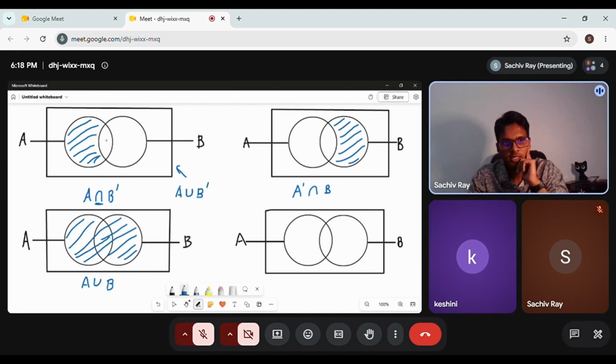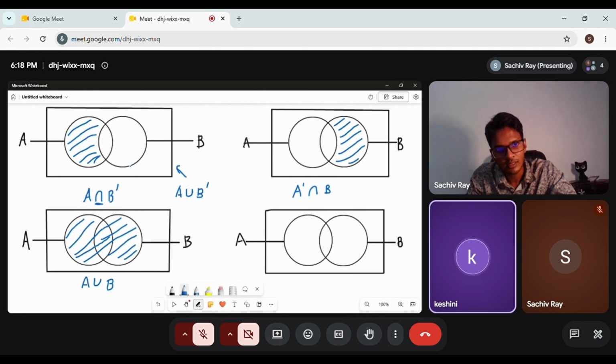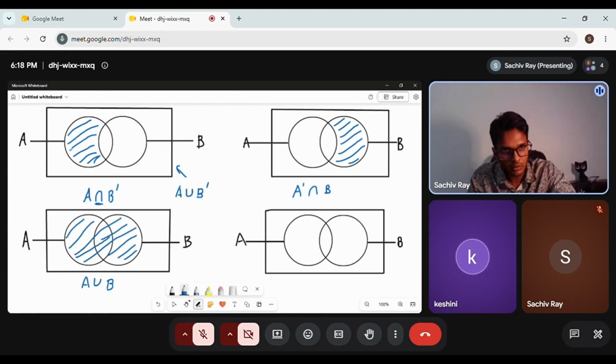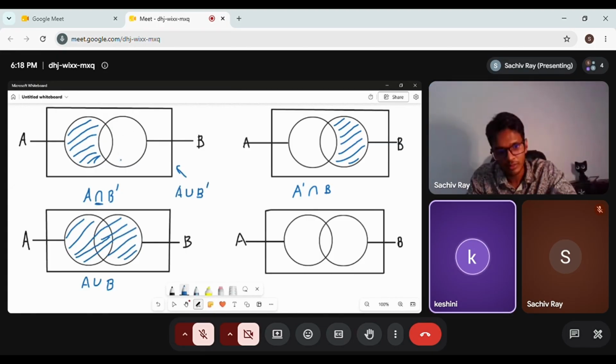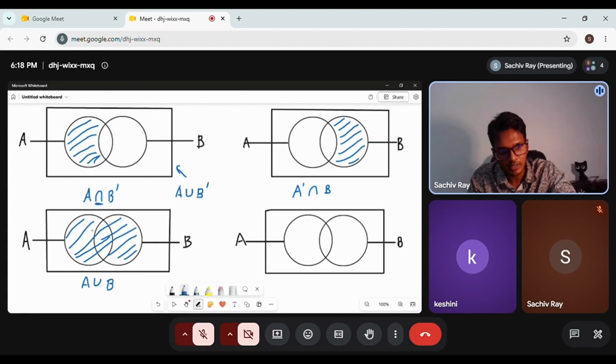Usually if it was just A intersect B, we would color the middle part, just like that. If it's A union B, we have to color the whole part anyway, right? That means the third one.